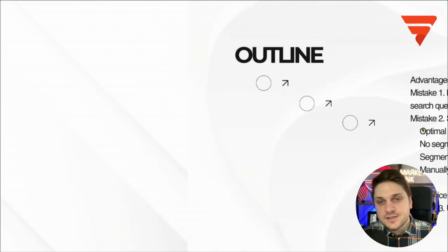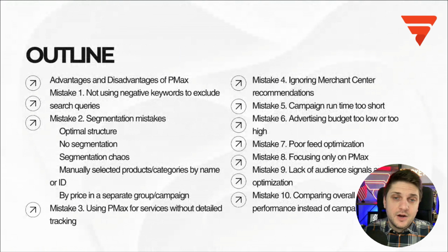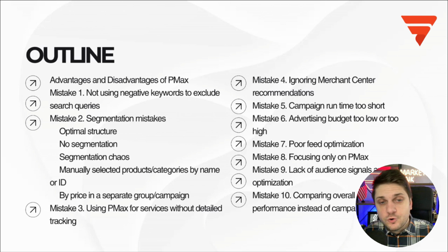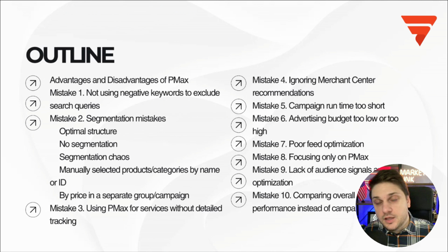So we will discuss general advantages, disadvantages, some best practices, search terms, negative keywords, segmentation mistakes, PMax for services campaigns, Google Merchant Center recommendations, and time framing, because sometimes customers launch campaigns too quickly and with bigger quantities than they should, or pause without collecting exact enough data to understand whether it is profitable or not.